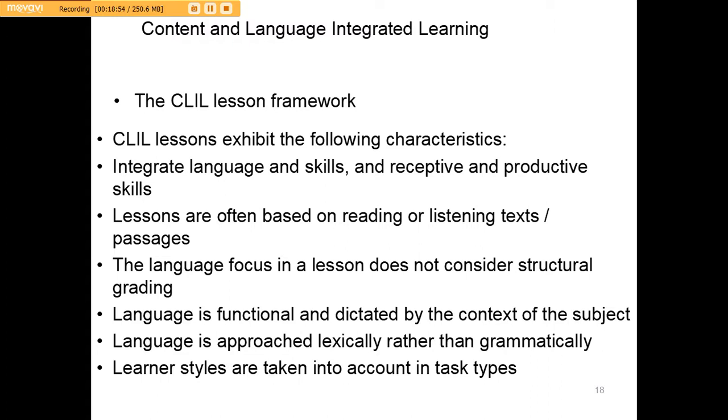The language in a CLIL class is functional and dictated by the context of the subject. Language is approached lexically rather than grammatically, and learner styles are taken into account in different task types. So we're not using traditional formal testing, which may be difficult to persuade your school to adopt, but given the benefits of the accelerated use of the language, I think the benefits far outweigh the problems of taking away formal testing.